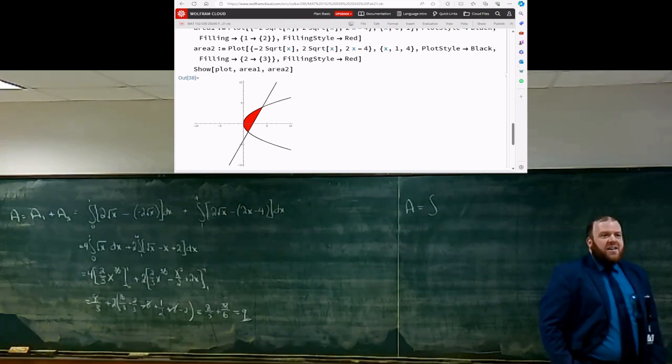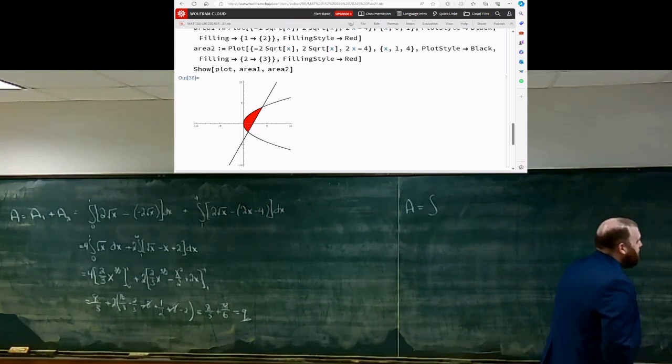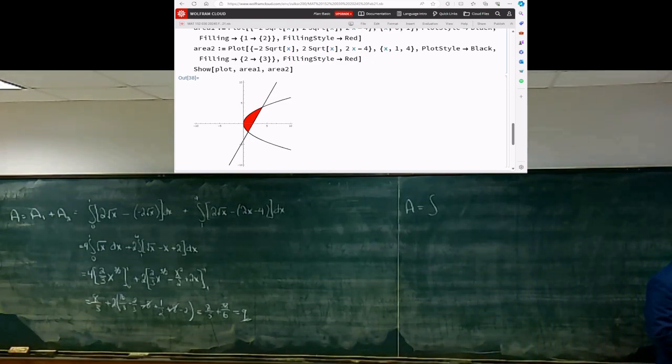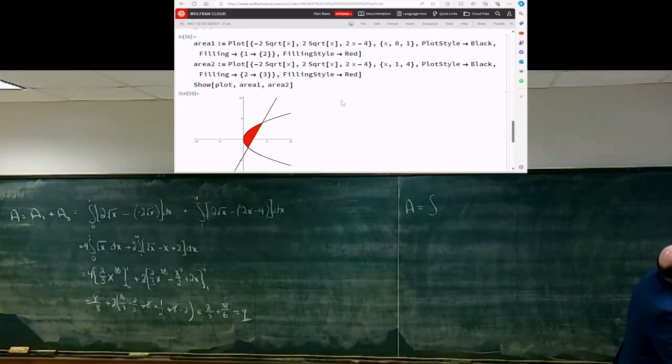Bounds for y. So the lower bound for y is going to be this point of intersection, right? Well, we said x was 1 there. So if x is 1, what is y?